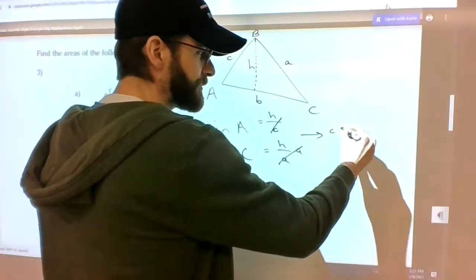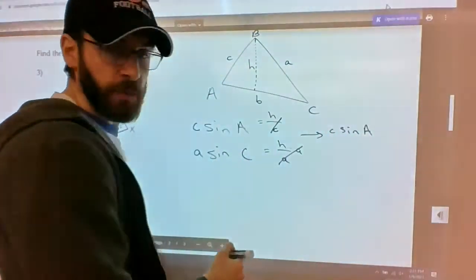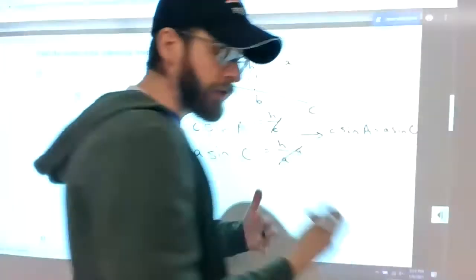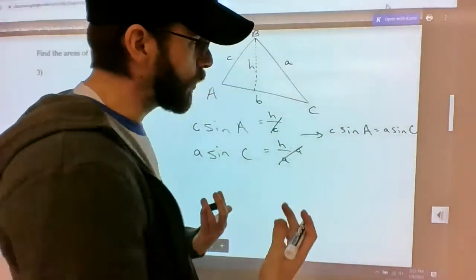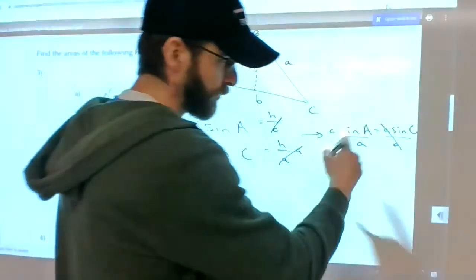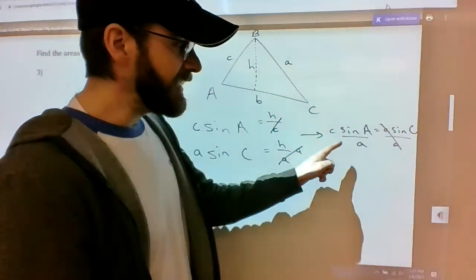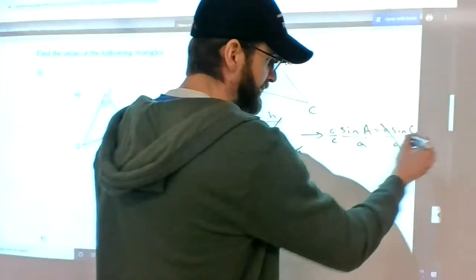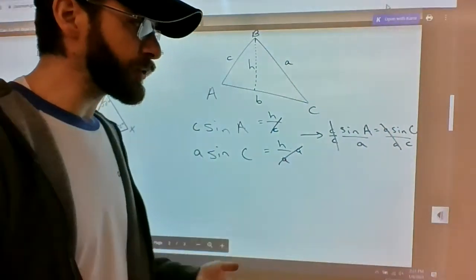So C times the sine of A is equal to A times the sine of C, which through further algebraic manipulation, I can divide both sides by A, canceling it out on the right. Now the A's are reunited, so to speak, and then you can divide both sides by C. And then the C's are reunited.